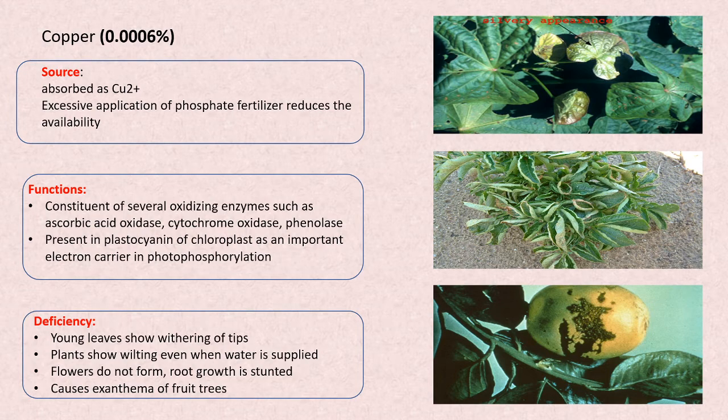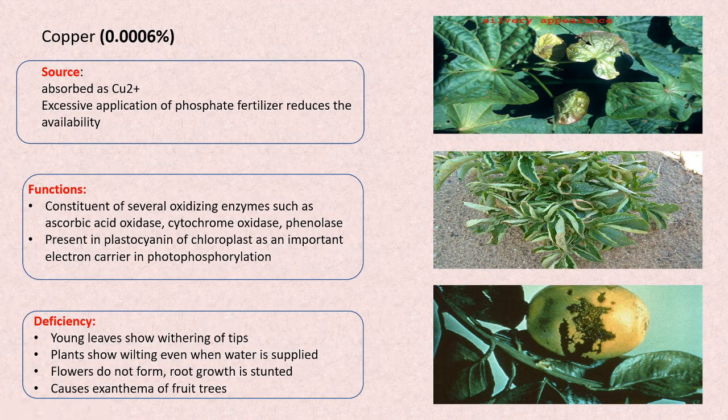Exanthema is a disease of fruit trees in which gum exudates are accompanied by dieback and glossy brown blotches on leaves and fruits. You can see here in the diagram the exanthema of fruit disease, which is caused by the deficiency of copper.